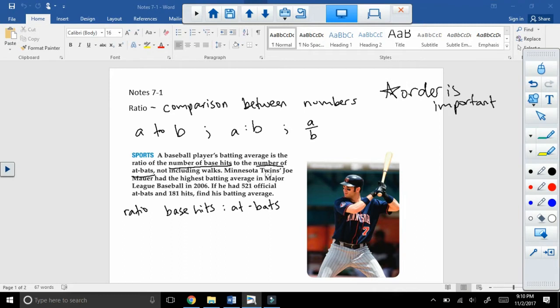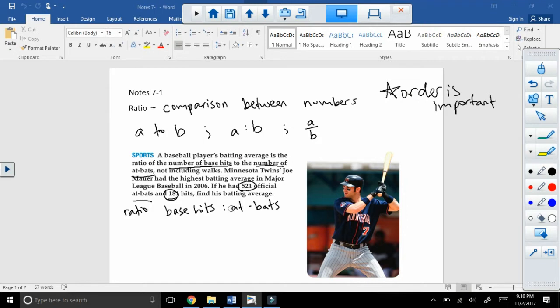And then it says Minnesota Twins, Joe Mauer had the highest batting average in Major League Baseball in 2006. He had 521 official at-bats and 181 hits.